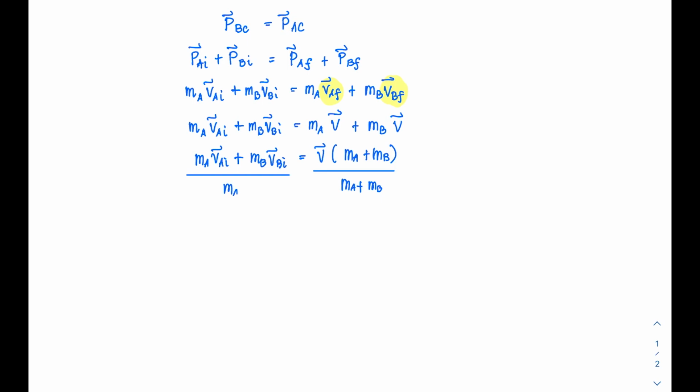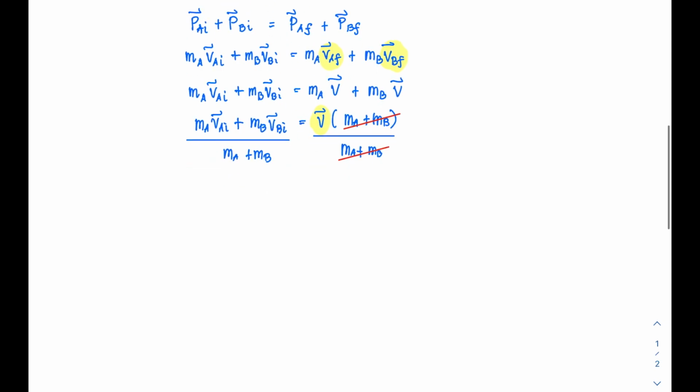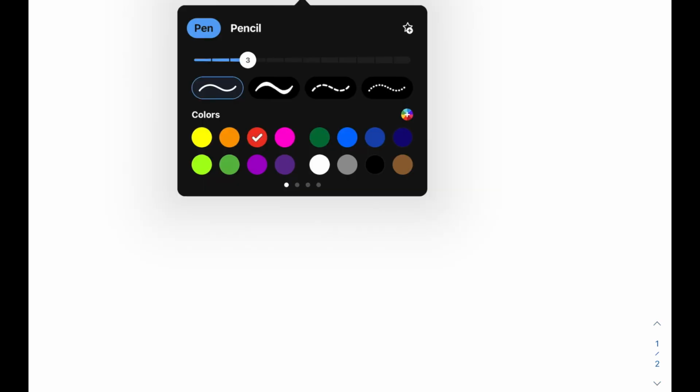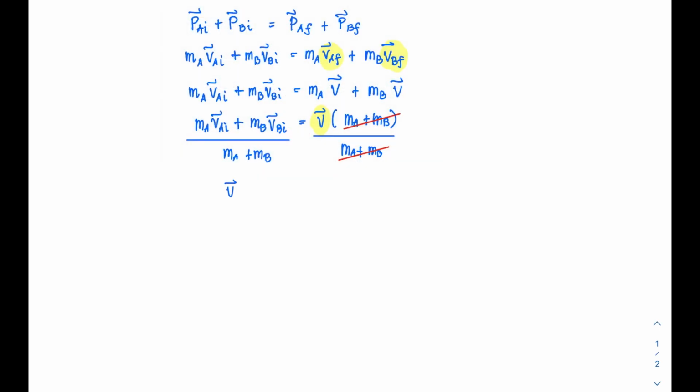Clearly, this term would cancel out, leaving only the velocity V. So V is equal to M_A V_Ai plus the mass of B times V_Bi, all divided by the mass of A plus the mass of B.